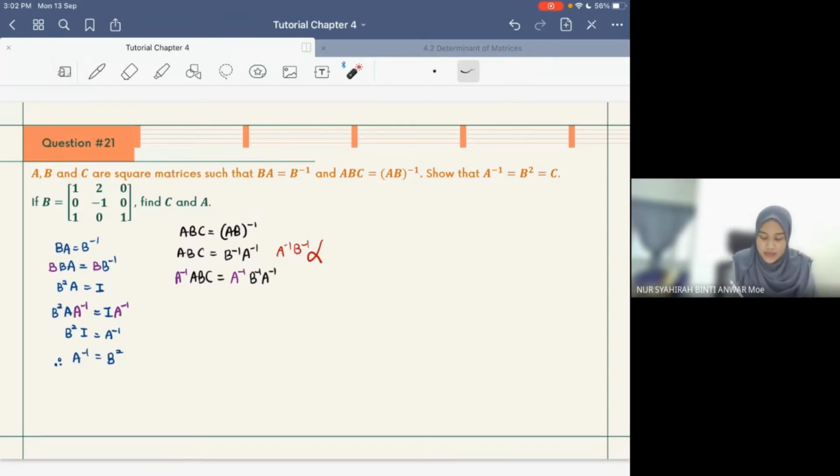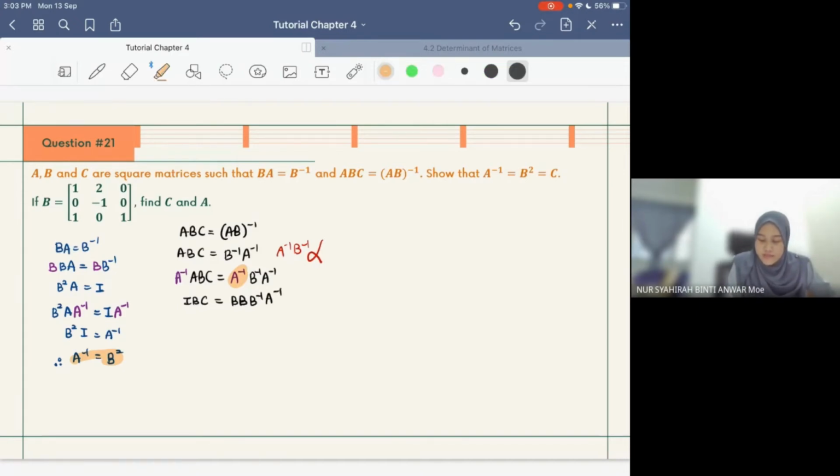Dan kita nampak A inverse A ini akan jadi I. So, IBC equals to A inverse ini, tadi kita dah tunjuk dah, A inverse is equals to B square. Kan? A inverse is equals to B square. So A inverse ini saya akan gantikan dengan B square lah.